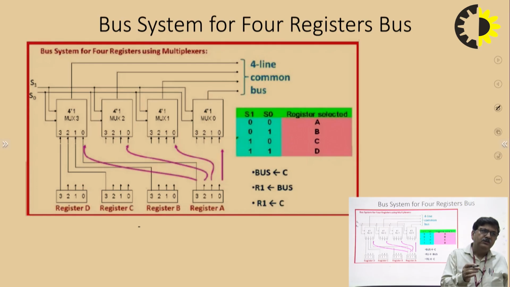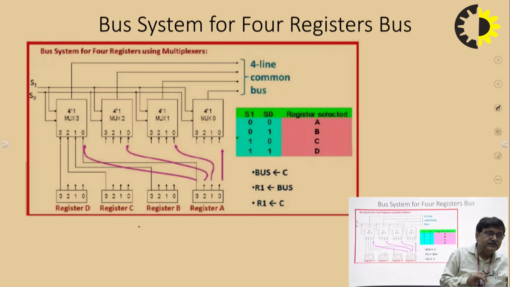As I told you, bit 0 of register A is connected to the 0 input of mux 0, bit 1 to the 0 input of mux 1, bit 2 to the 0 input of mux 2, and bit 3 of register A to the 0 input of mux 3. Why have we connected this?